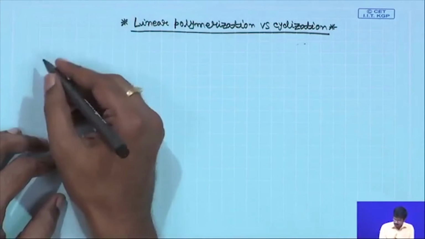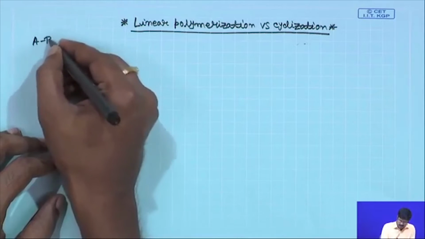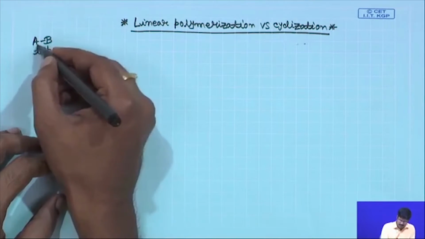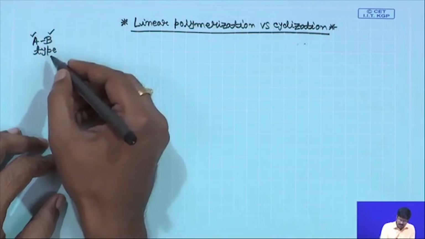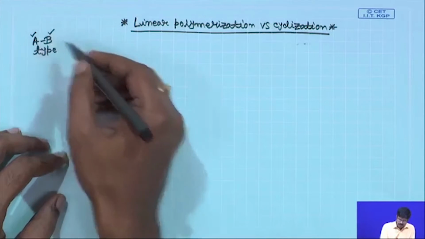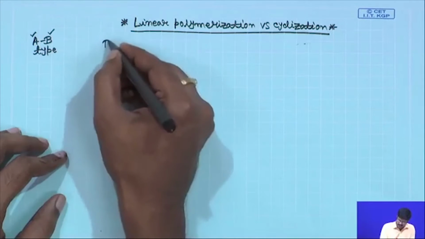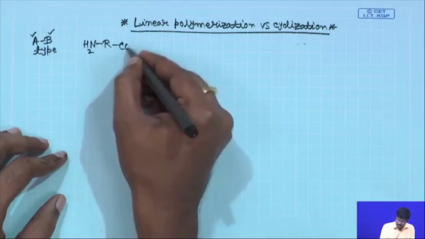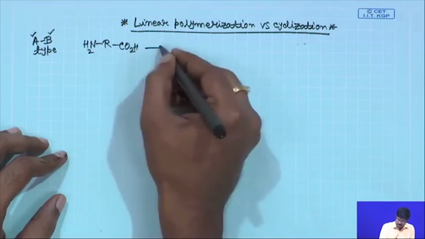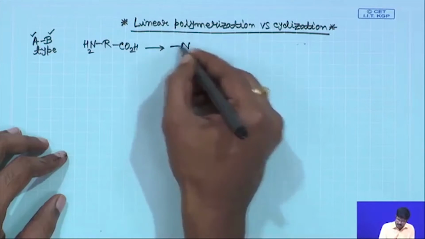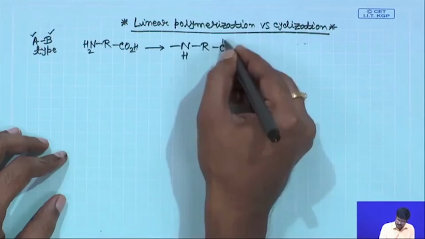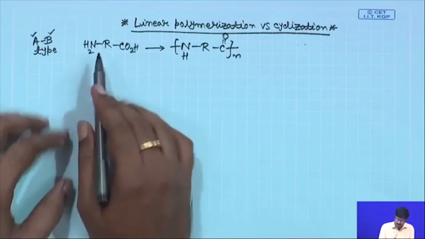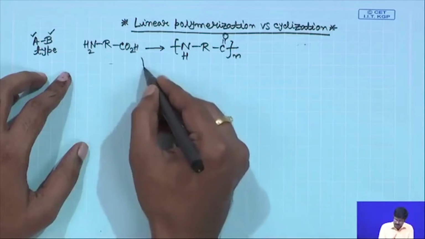So, suppose you have an AB type monomer, that means the same monomer has two different functions. In that case, say you have, as I was telling, an amino acid. So, you are looking for a polymer like this. However, there is also a possibility that there could be a ring closure.